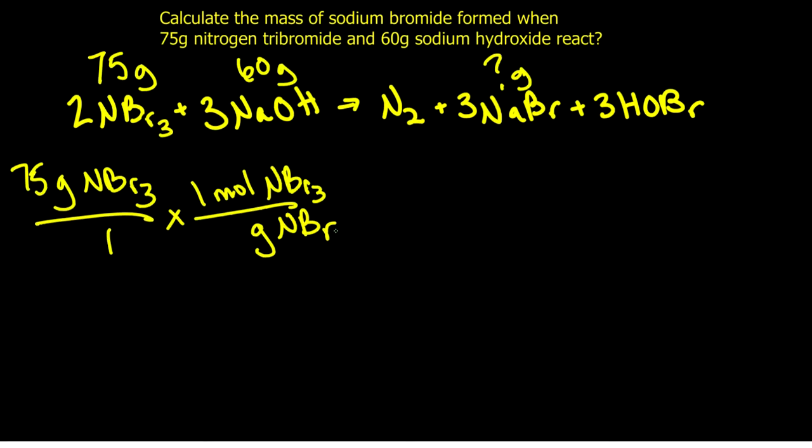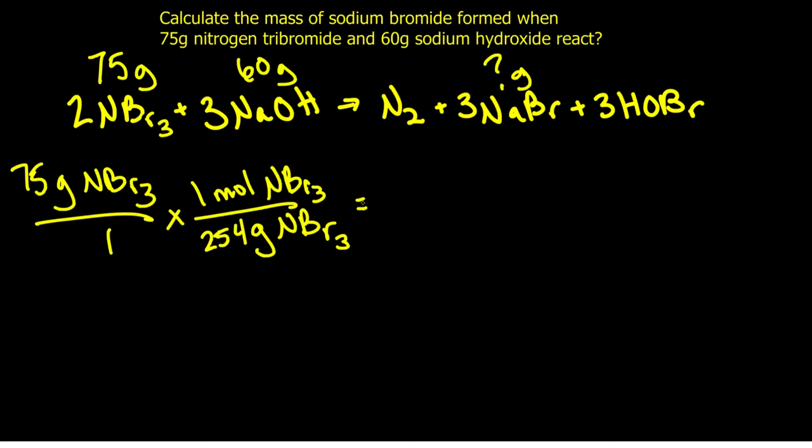So let's use our periodic table here. Nitrogen is going to be 14 grams, and I'm rounding to the nearest whole number. Bromine is 80 grams, and there's 3 of them, so I multiply it by 3. So that's going to be 254 grams for the molar mass.